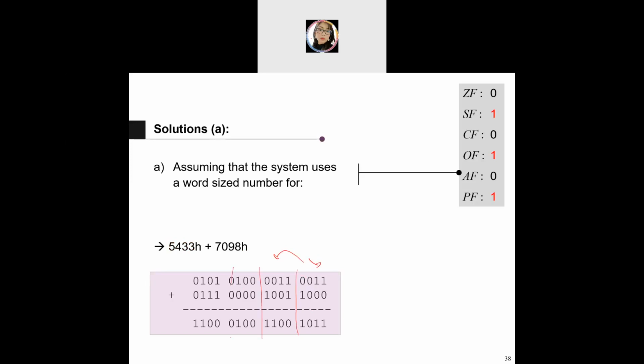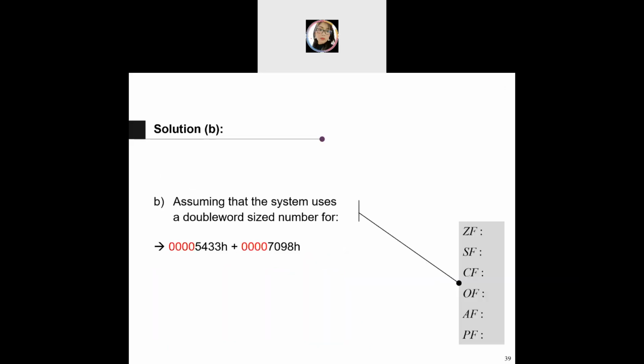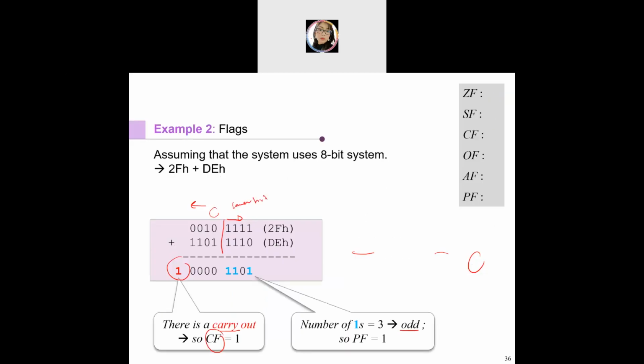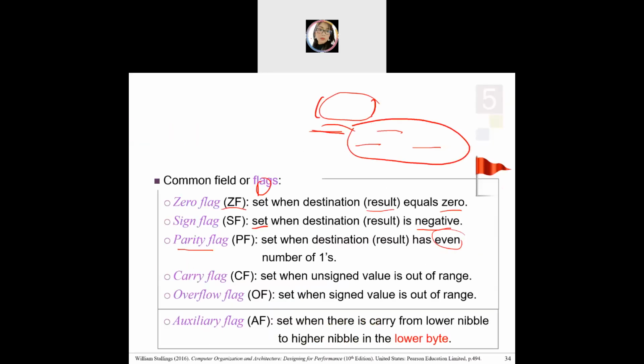Similar also for nibble by nibble. About the sign, of course it's going to be 0 because the result is not 0. The total number of digit 1, you can try by yourself. It is not too hard because the instruction is given carefully in slide 34 here.